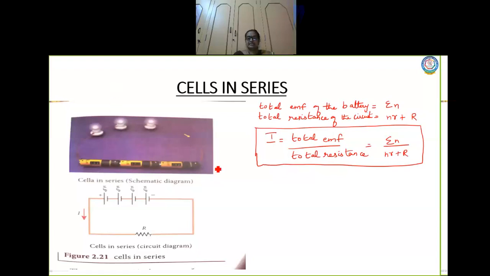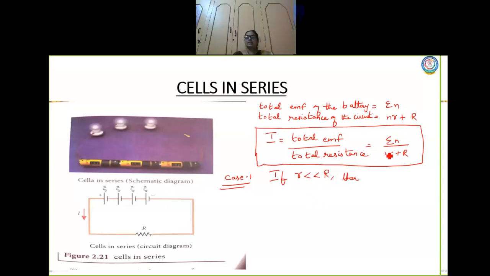So the first case is case 1. Now here we are going to take this formula: I is equal to psi n by nr plus capital R. Let us consider the case where the internal resistance, small r, is very small compared to capital R. Then what will happen to the formula?